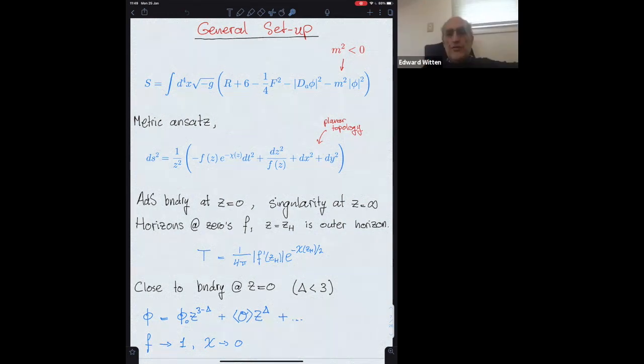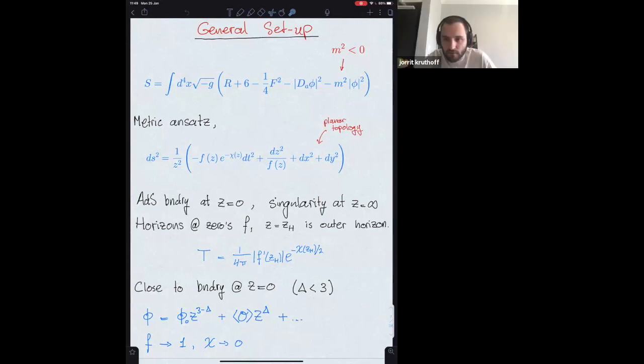Sorry to interrupt. If I understand correctly, you're generalizing with the relevant operator, not an AdS black hole, but more like a black brane, because you've changed symmetry from the rotational symmetry to translational symmetry on the boundary. Sorry, I didn't get the first part of your question. You've changed the symmetry of the boundary from a sphere, rotational symmetry, to a plane, planar symmetry. Yes.